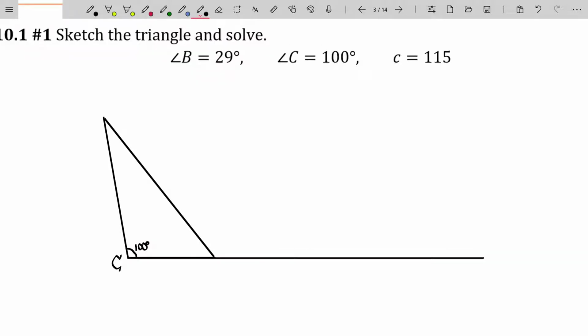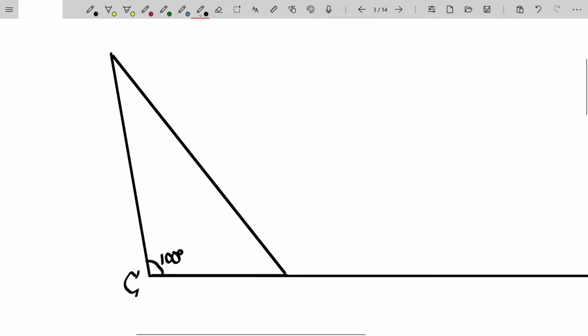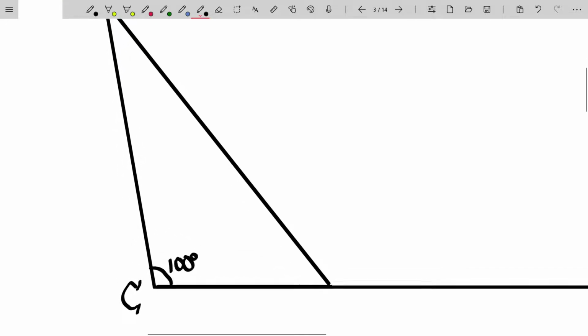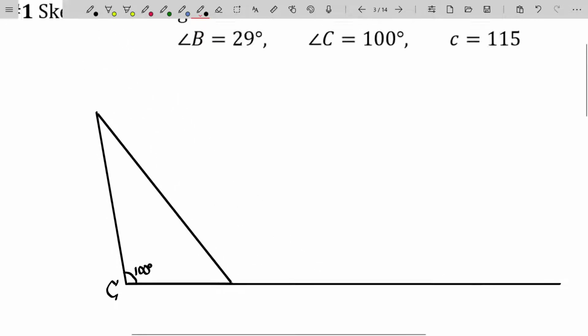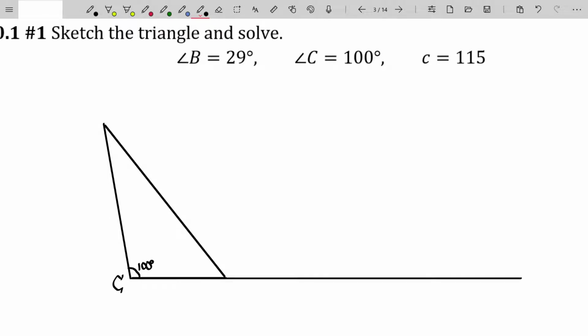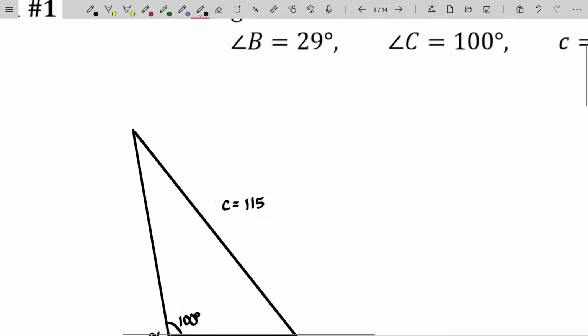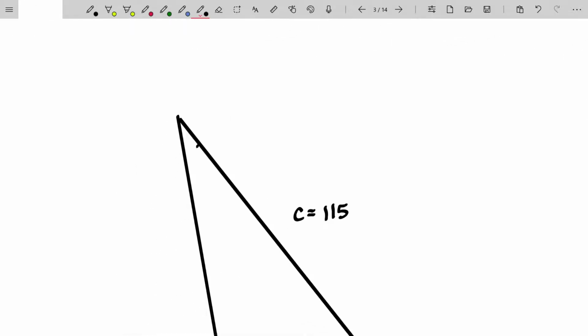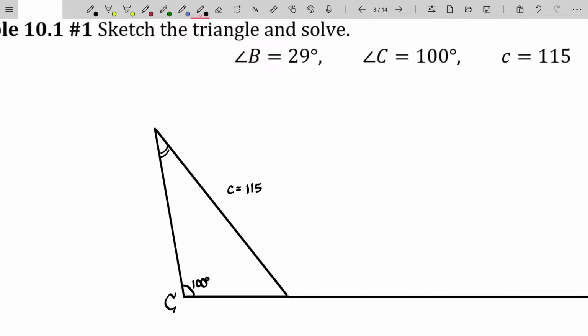Now you likely notice here, when I did this, I actually measured out the 100-degree angle and I labeled that angle. The opposite side is going to be side C, and they told us that's of length 115. And then I just assumed that this angle right here was the other given angle, and that's pretty typical.